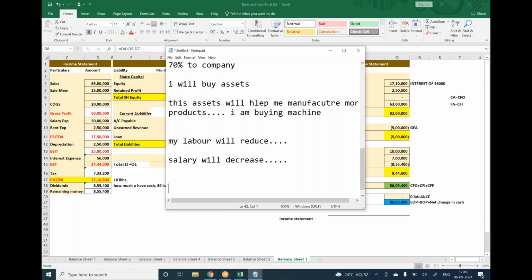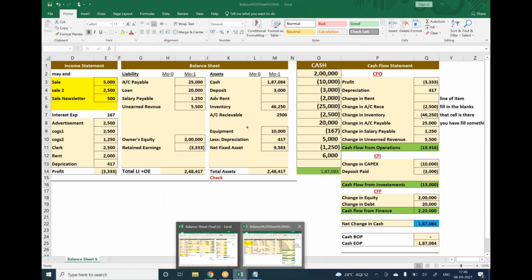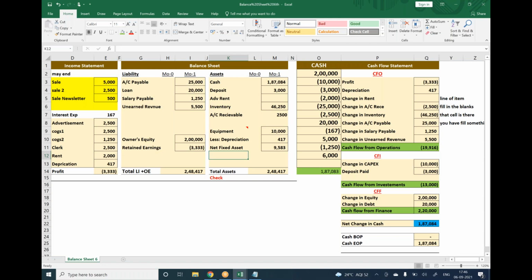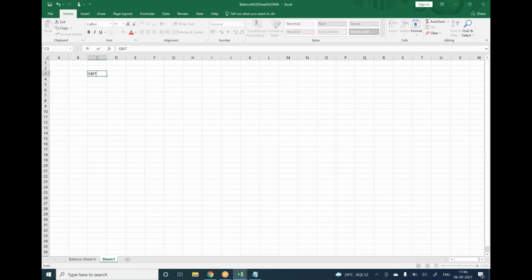And suddenly, for example, look at this. I'll tell you my EBIT. I'll show you practically how people also will do. EBIT is say 2 lakhs. Carefully observe this.